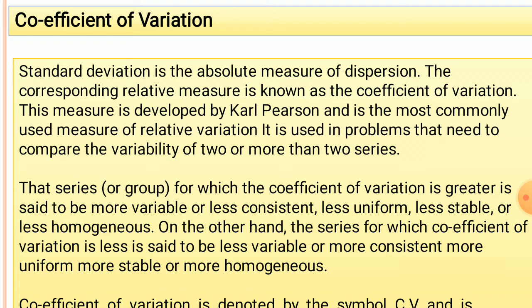On the other hand, that series or group for which the coefficient of variation is less, that is said to be less variable, or more consistent, more uniform, more stable, more homogeneous. This is what is needed for interpreting the results after calculating the problems.